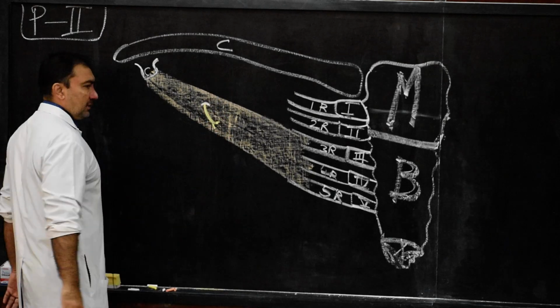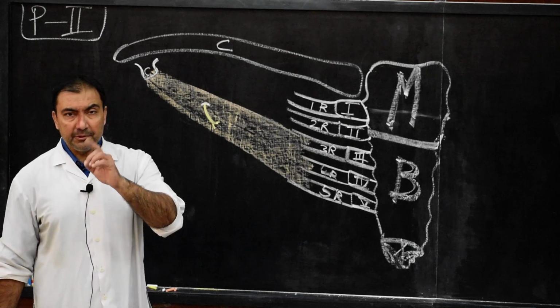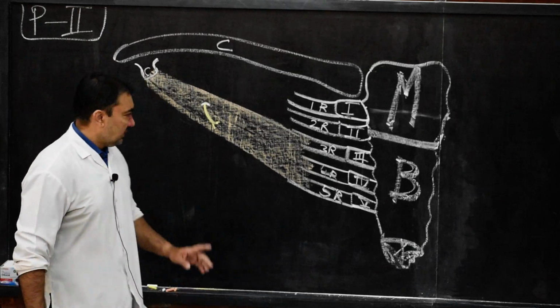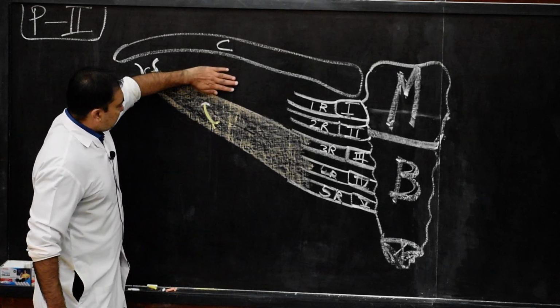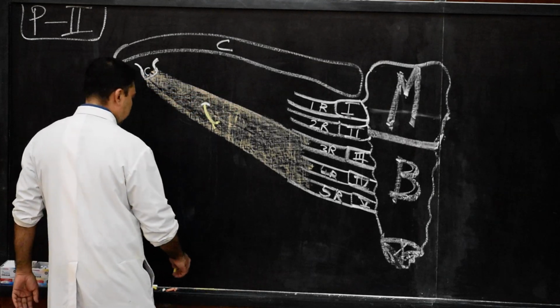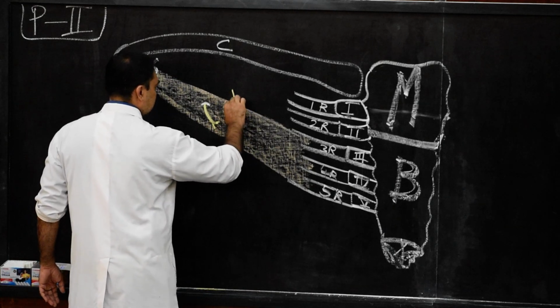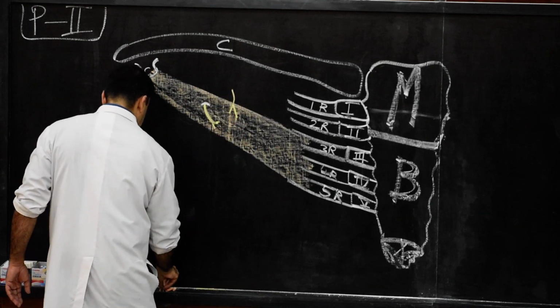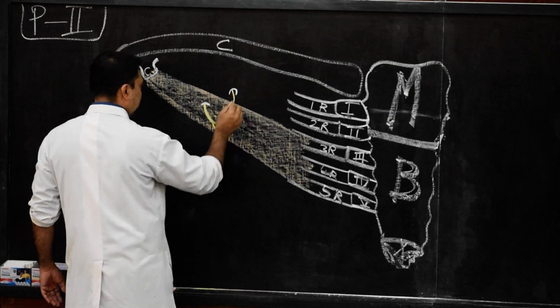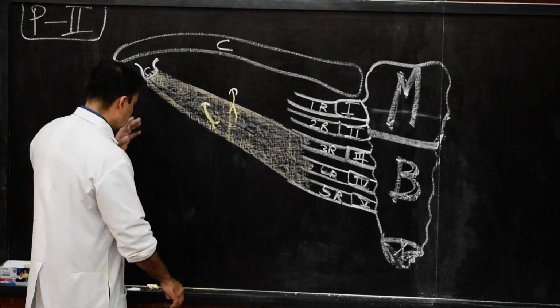Another nerve is the lateral pectoral nerve, which will also supply pectoralis minor, but it is going to pierce the clavipectoral fascia. So in this region we draw the clavipectoral fascia, and the nerve which pierces it is the lateral pectoral nerve.